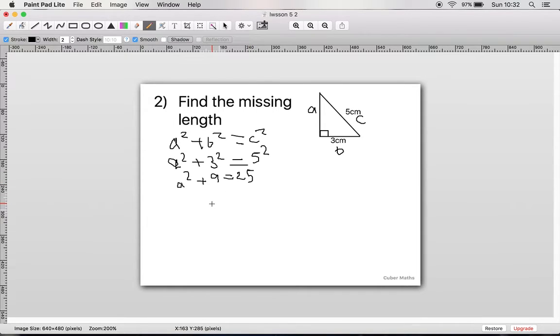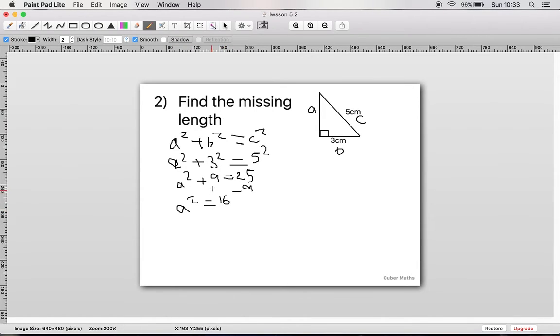Now if we imagine this as a rearranging the formula type of question, we're wanting to get A on its own. Now how we do that, to begin with, we're going to take away 9 from both sides. So if we take away 9 from A squared add 9, we're just going to be left with A squared. And if we take away 9 from 25, we're going to be left with 16.